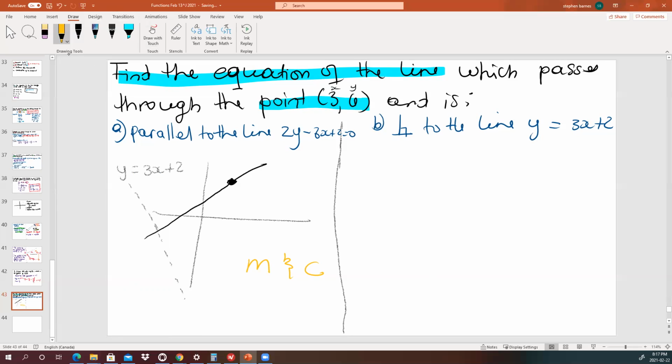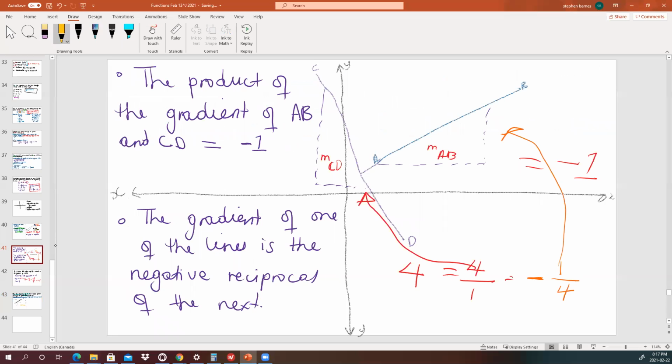Now, we know that for perpendicular lines, you can work it out two ways. I'm going to work it out both ways to show you. One way is easier, but it's always good to know two ways in case you meet challenges in an exam setting. The first way we can express the relationship between perpendicular lines is to say that the product of their gradients will be equal to -1.